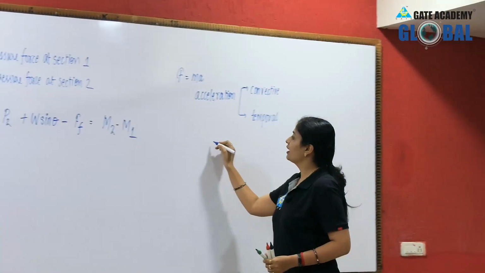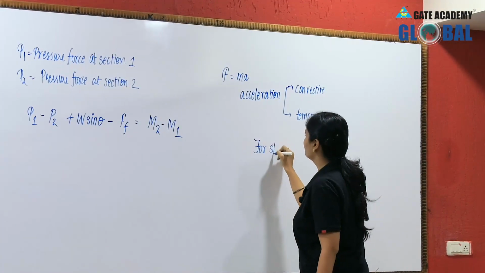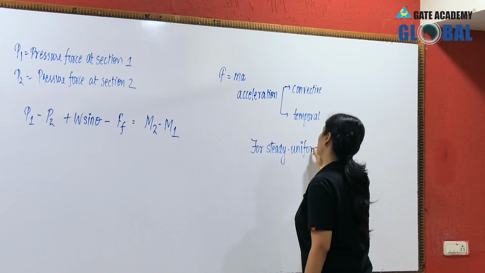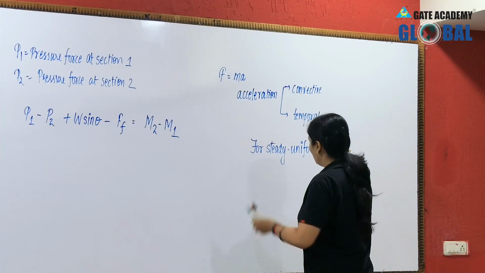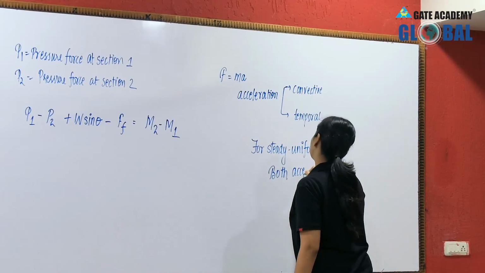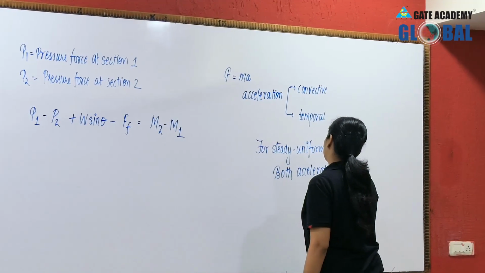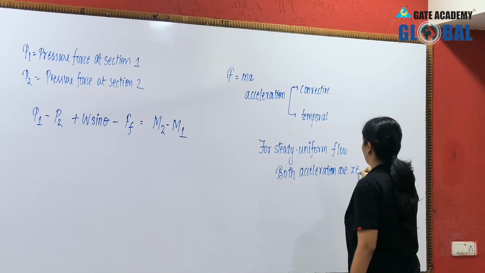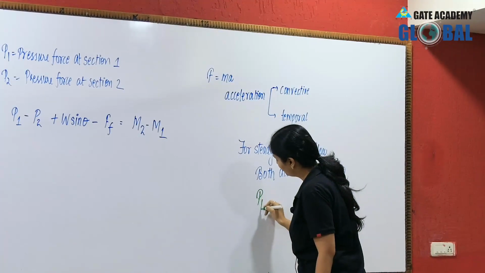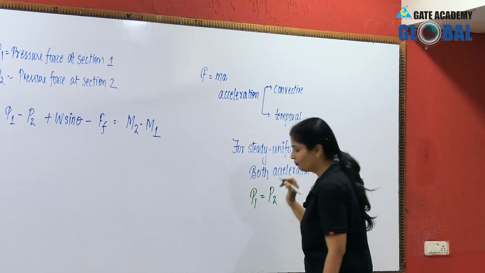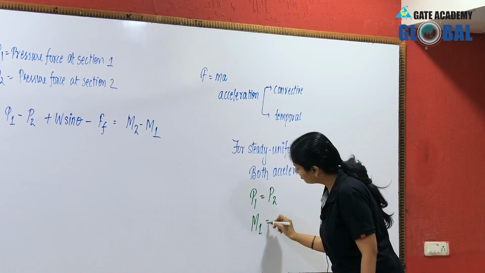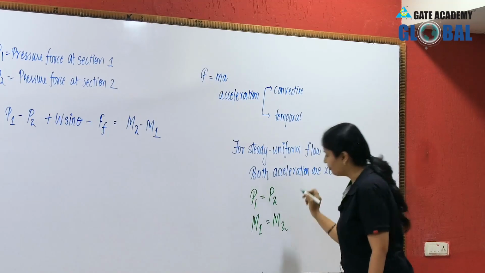For steady uniform flow, both accelerations are 0. Because of which your P1 pressure force will be equal to P2 and your M1, that is momentum, will be equal to M2.